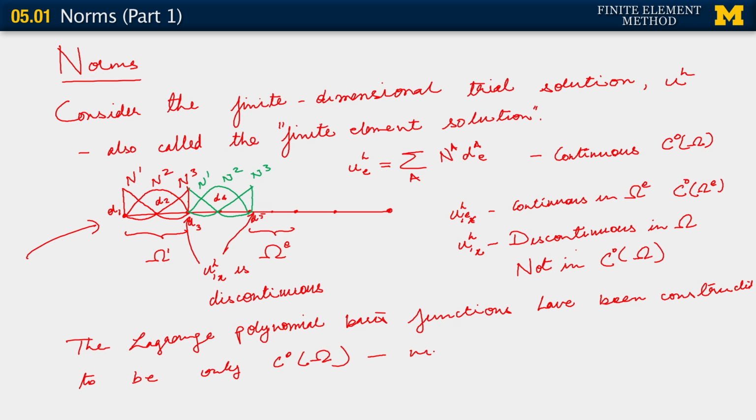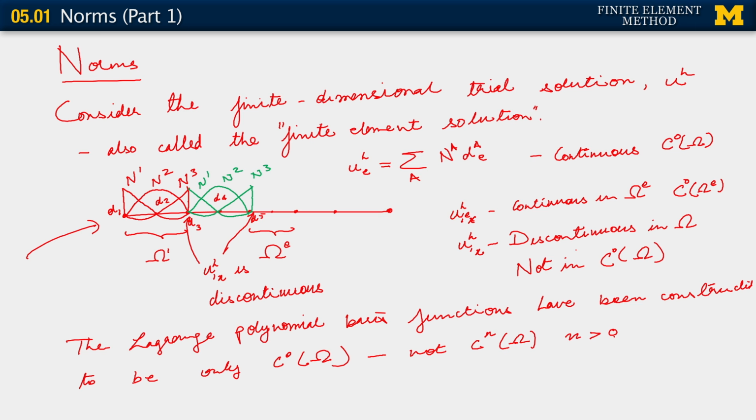We say that the basis functions themselves are not Cn on omega for n greater than 0.